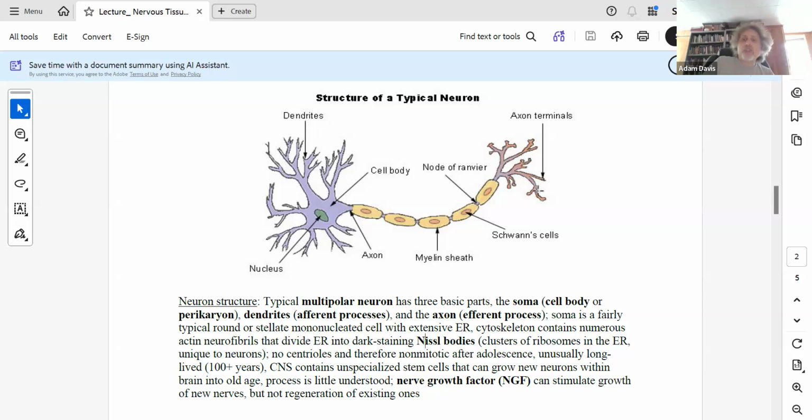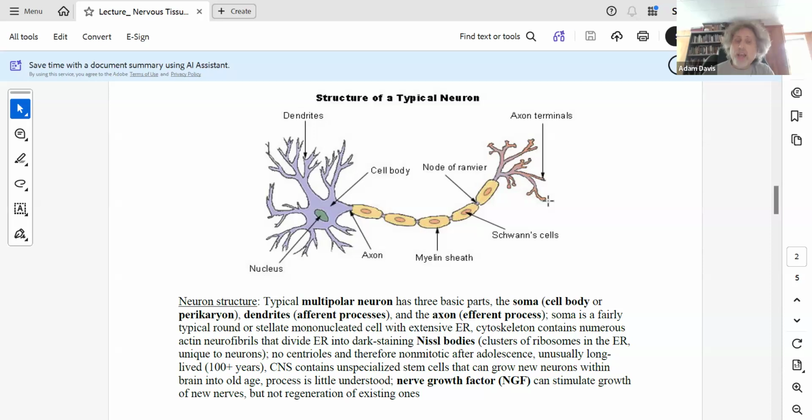And all these little branches will end in what we call axon terminals, and the ends of those axon terminals swell and expand. And you saw what that looks like when we looked at the axon terminals at the neuromuscular junction, because each of those axon terminals can then connect with and provide a nerve signal innervation to something different.